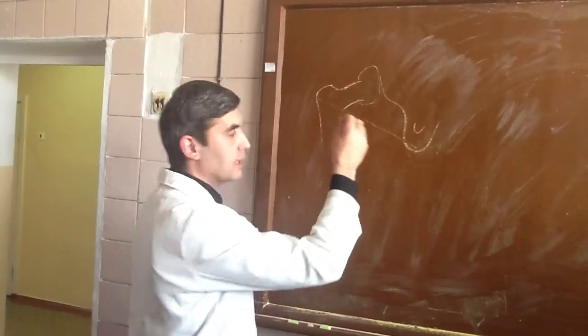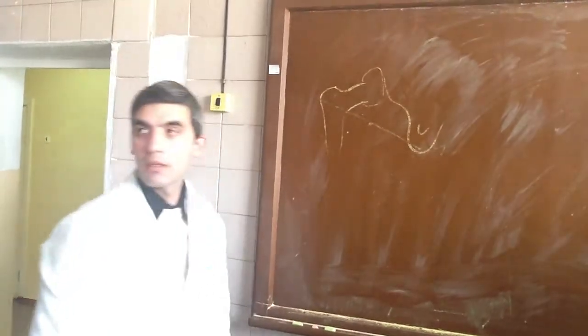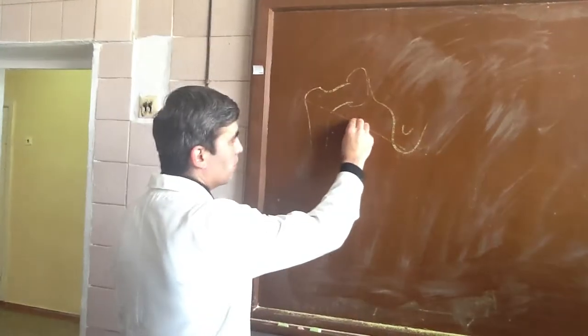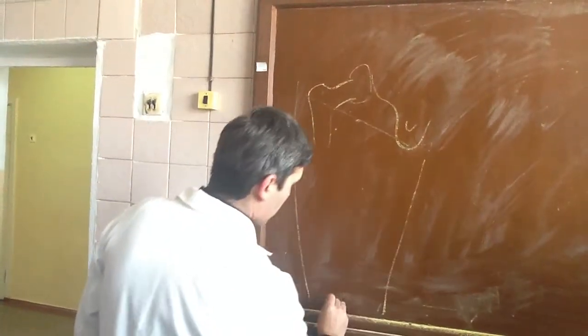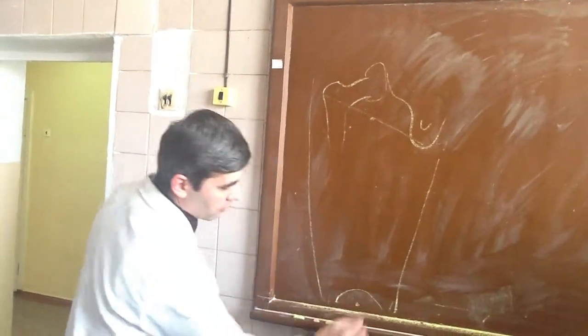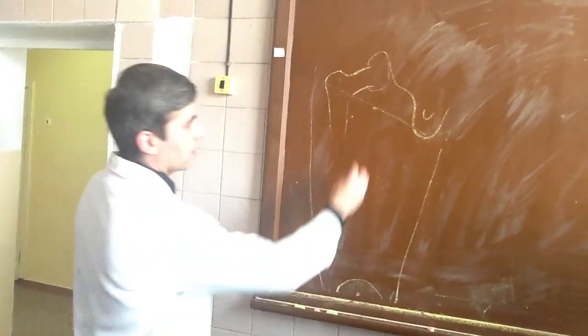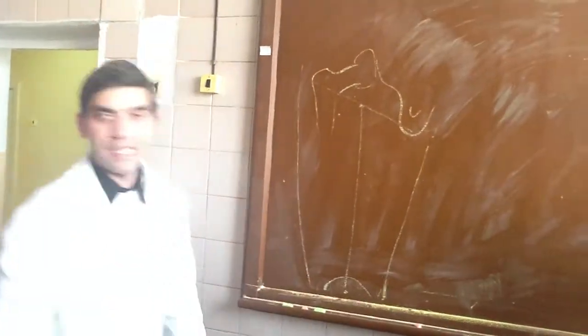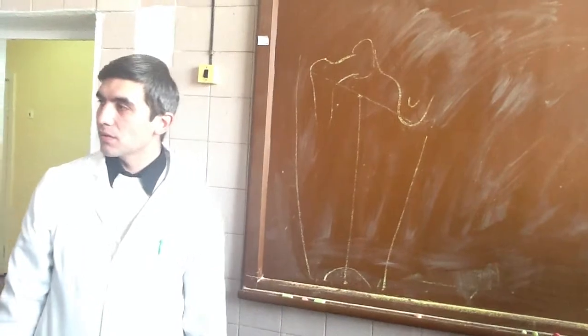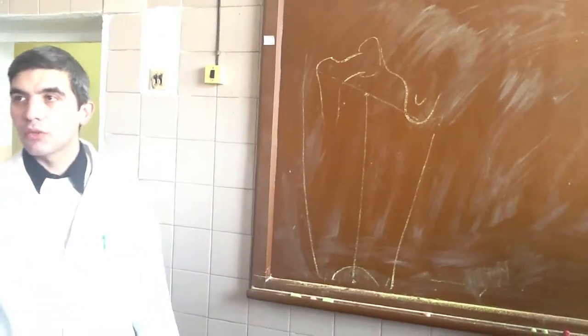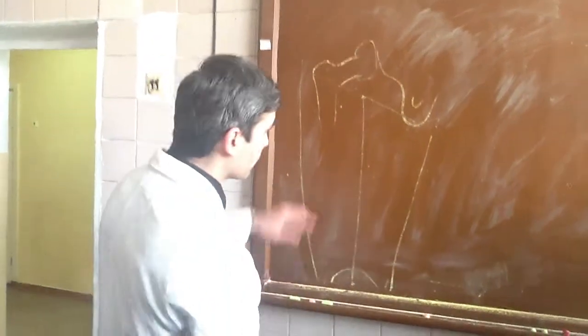We imagine this line and find the midpoint of this line. We find this midpoint and draw to the midpoint of the popliteal fossa. This is the projection line of sciatic nerve. Okay?